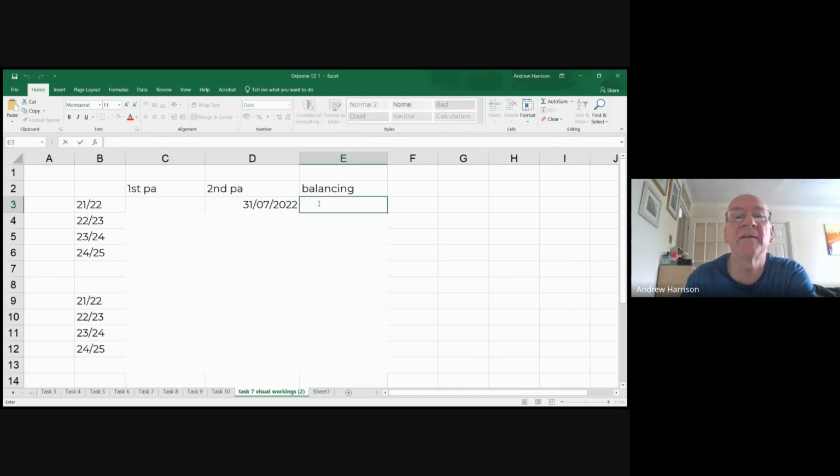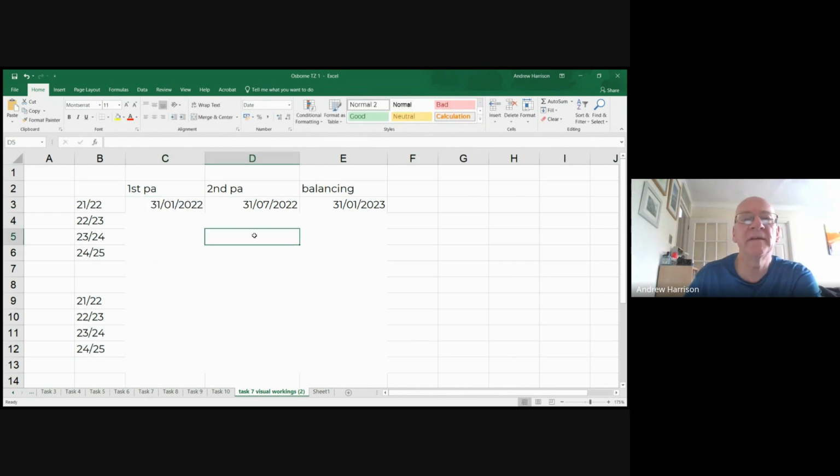And then we know the balancing will be the self-assessment date, same date, the next calendar year. And she would already have made a payment towards this year. Easy, these dates. So there's nothing to do with 21 because it's all January 22 and January 23.